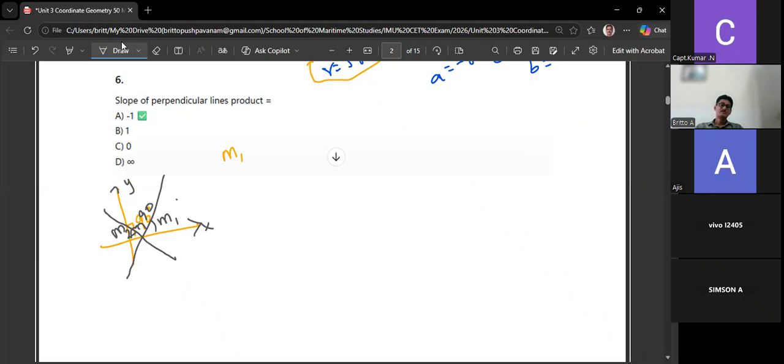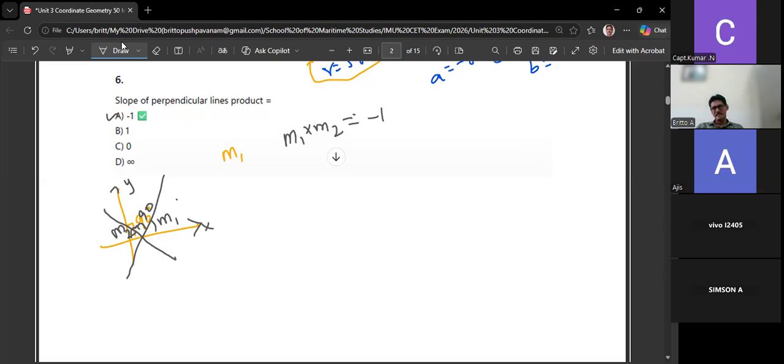Now the two straight lines are perpendicular, meaning the angle is 90 degrees, so the condition is m1 times m2 equals minus 1. Here they gave the answer, but you should know that the product of the slopes m1 and m2 is equal to minus 1. So the answer is the first one.